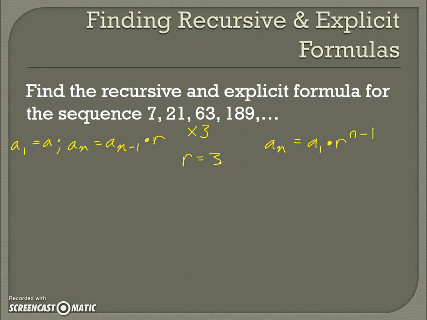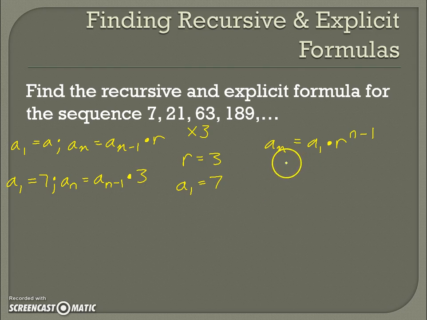The other thing that I have to identify is, what is my first term? Well, that's super easy, right? It's just the first one listed there. So in this case, it's a1 equals 7. Once I identify these two things, it's just a matter of substituting them in. So for the recursive formula, remember, you identify the first term, and then you just write a of n equals a of n minus 1 times the common ratio.